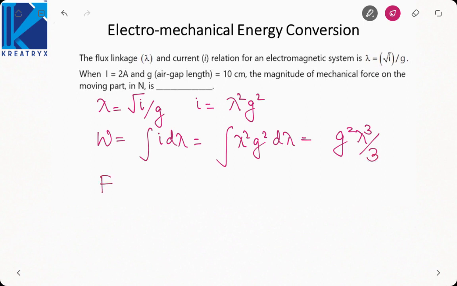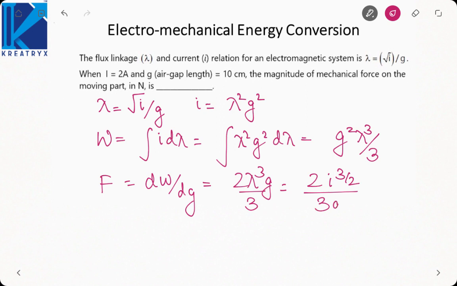Now as I told you, force is nothing but the derivative of stored energy with respect to distance, 2 lambda cube into g into 3. Now lambda can be written in terms of i, so it will be 2 i to the power 3 by 2 over 3 g square. I have substituted this relation.